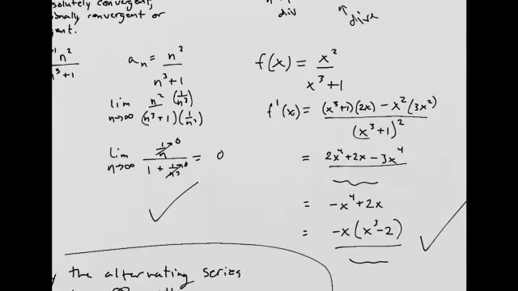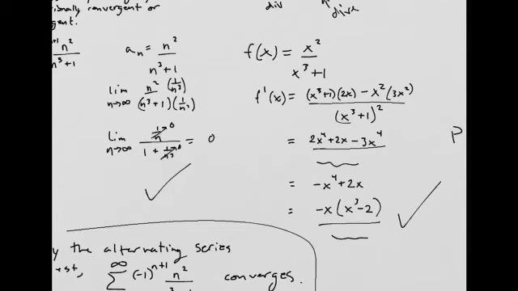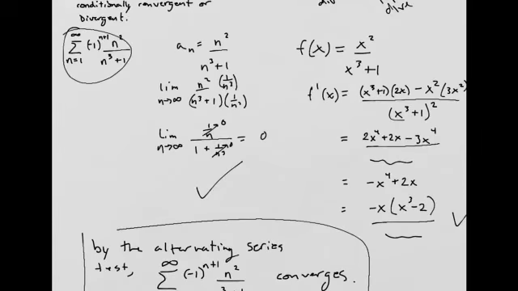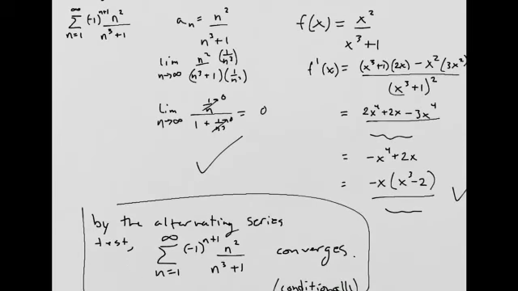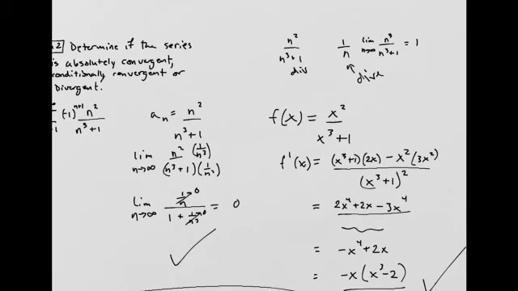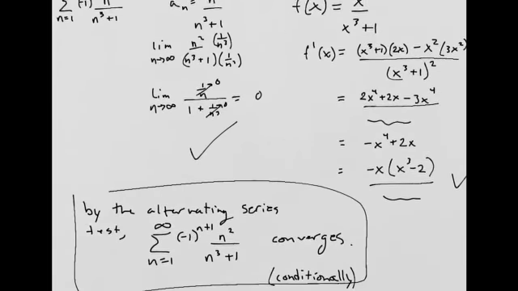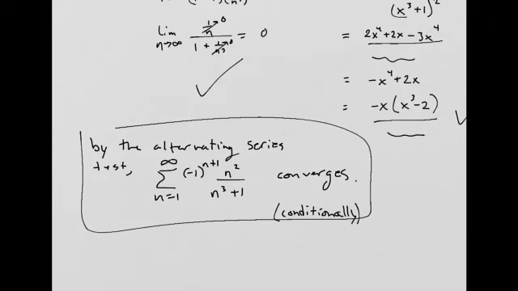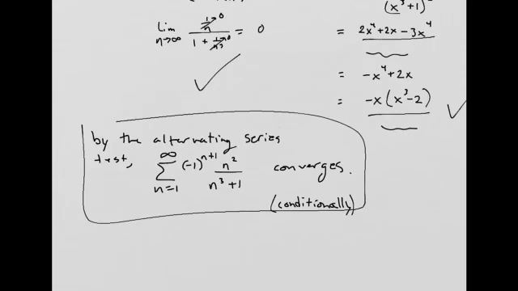So the sequence is positive, it's always decreasing eventually, that's what we found here, and the limit of the sequence goes to 0. If all of those are true, then this converges by the alternating series test. And we found that this converged by the alternating series test, but if we took the absolute value of that, it diverged by the limit comparison test. Thus, the absolute value diverged, the regular one converged, so this converges conditionally. All right, that was way too long of an explanation.